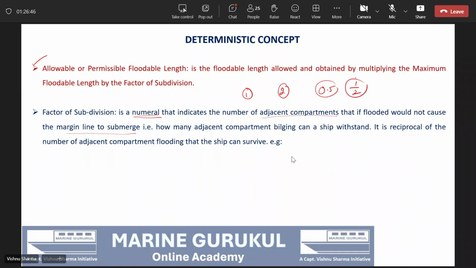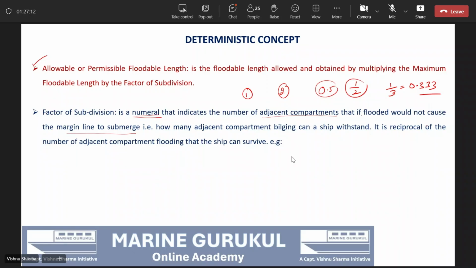If the vessel can withstand the bilging of 3 adjacent compartments, then the factor of subdivision will be 1 by 3, that means 0.333. So it is a numeral that indicates the number of adjacent compartments that, if flooded, would not cause the margin line to submerge. That is, how many adjacent compartments bilging can a ship withstand?